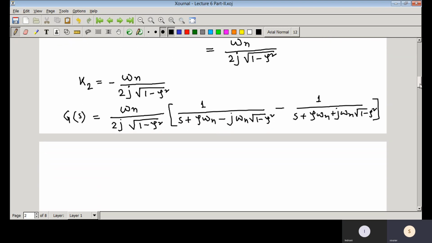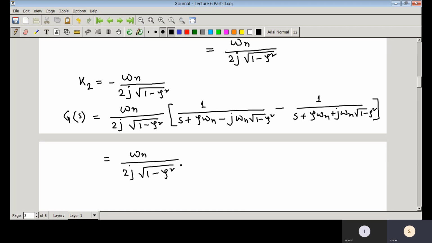Now if you simplify it, if you write it in exponential form, the common term remains the same, 1 minus zeta square.